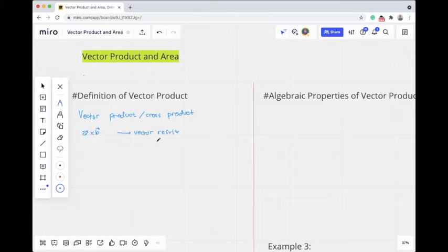Because this is a vector, there are two components of the result. The first one is the magnitude and also the direction.